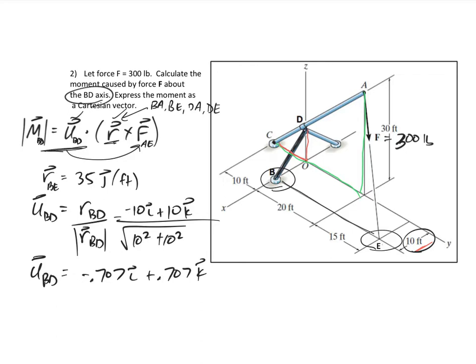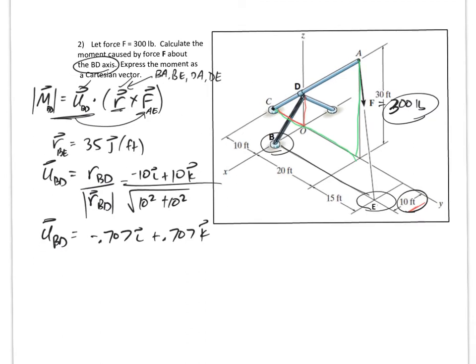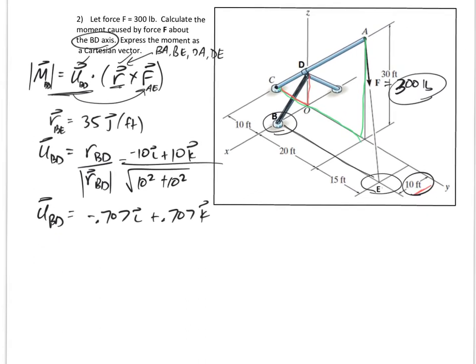All right, so now I've got U of BD. Now I need the force in IJK form. So this 300-pound force, I need to write it in IJK form. And so that's dimensions, right? So when I'm thinking dimensions, I'm thinking F equals FU, where U is R over R of AE.